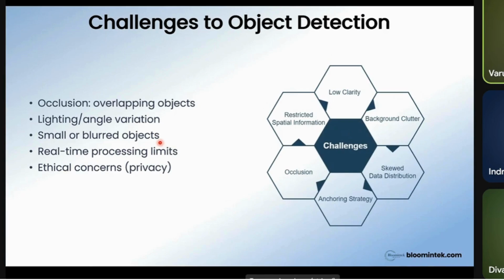Then we also have small, blurry objects which are tough to identify accurately. Then come the ethical concerns of object detection, especially around surveillance and privacy. While the technology is powerful, responsible use is equally important.